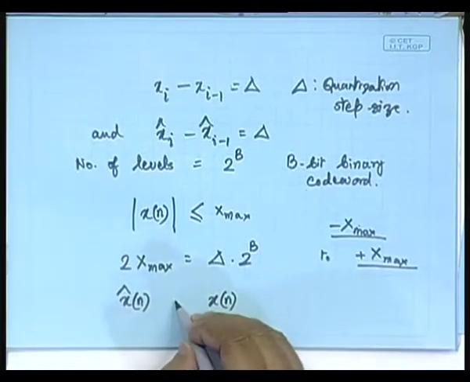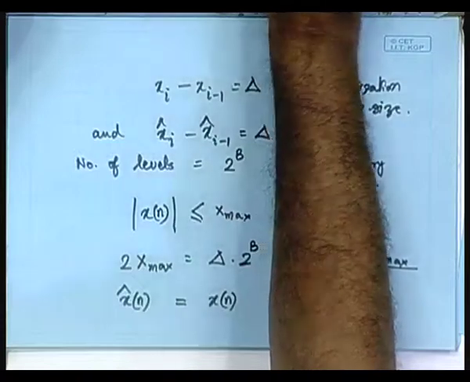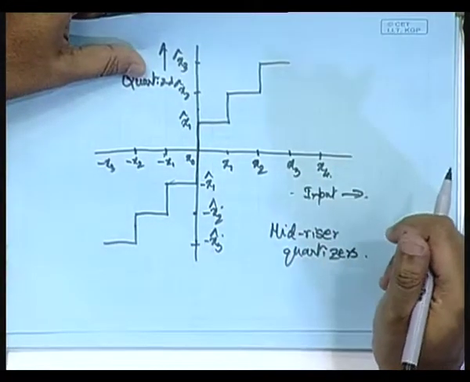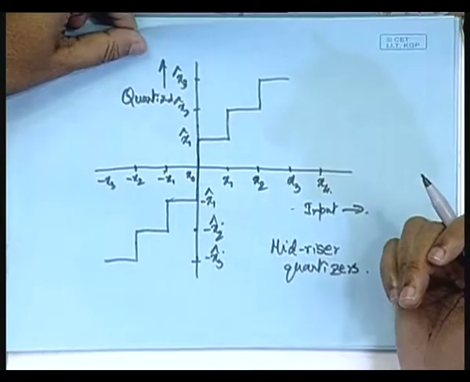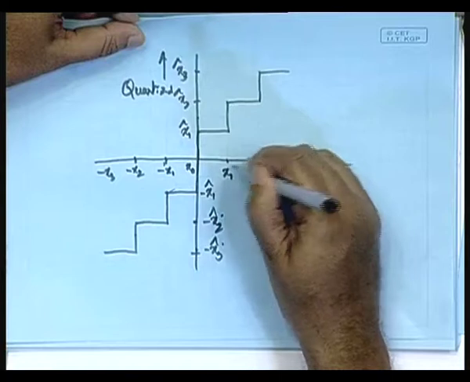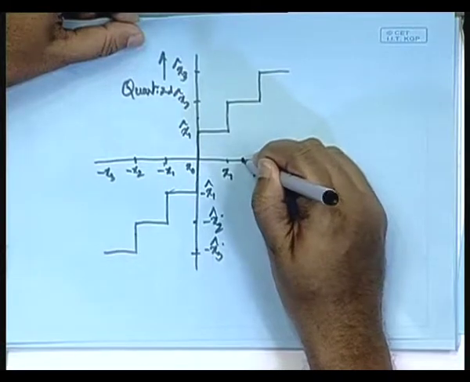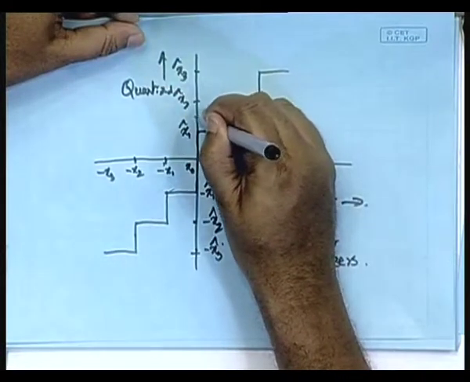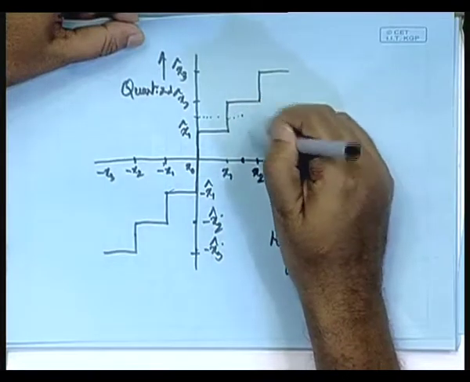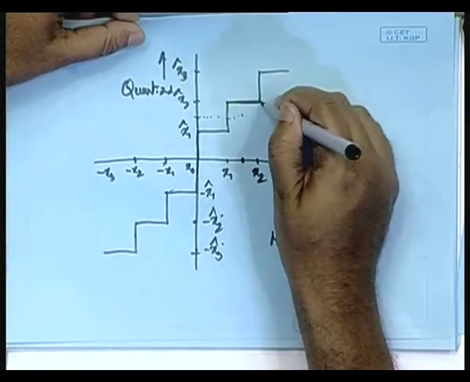But think that when you have a quantization step size, take any of these cases, mid riser or mid tread, whatever, you can see that when you take any value that lies in the middle of x 1 and x 2, let us say some value over here, its actual value is this much, but because of the quantization we have already quantized this to the level x 2 cap.